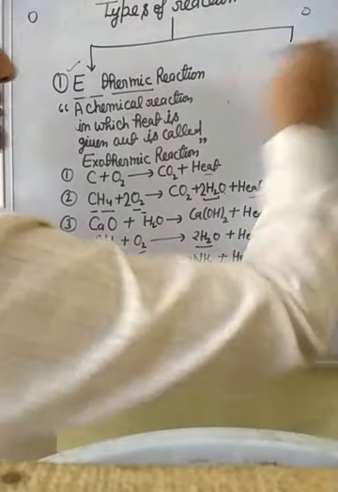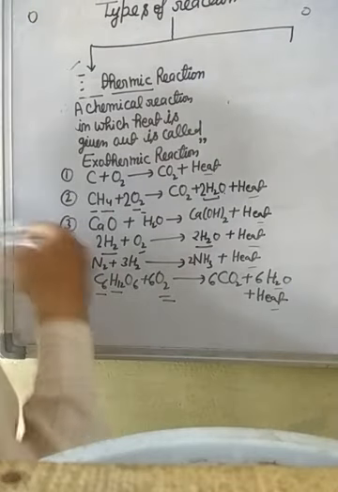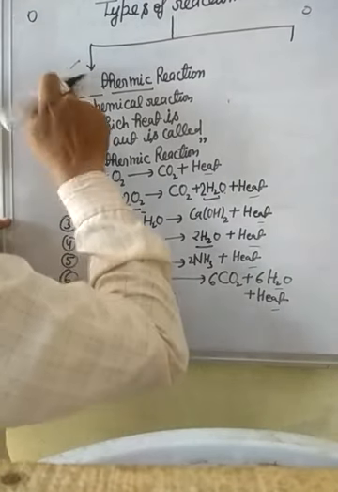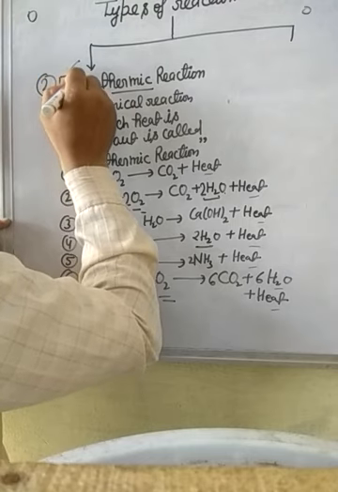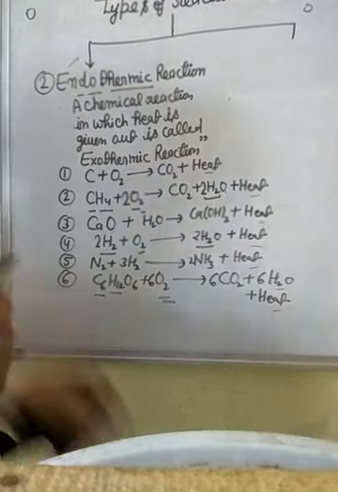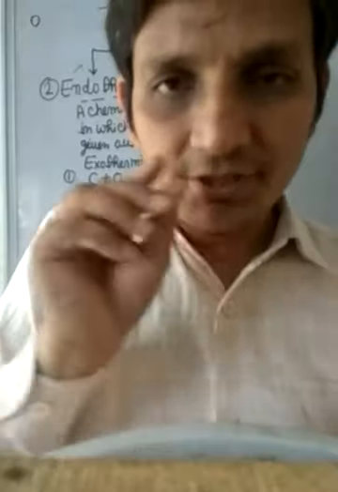Now I am telling you second point, endothermic reaction. What is endothermic reaction? Listen students, endo means absorbed, thermic means heat. A chemical reaction in which heat is absorbed is called endothermic reaction.